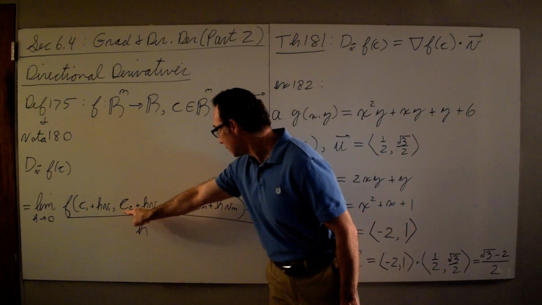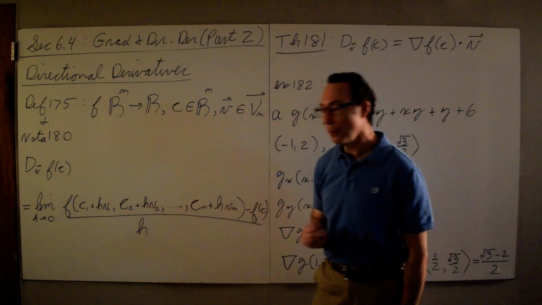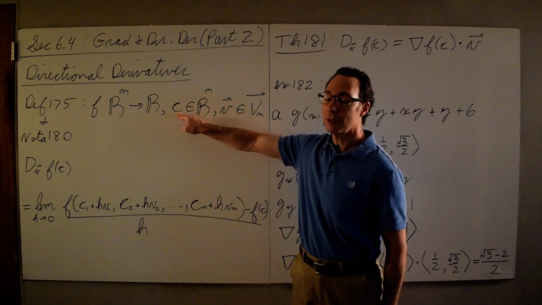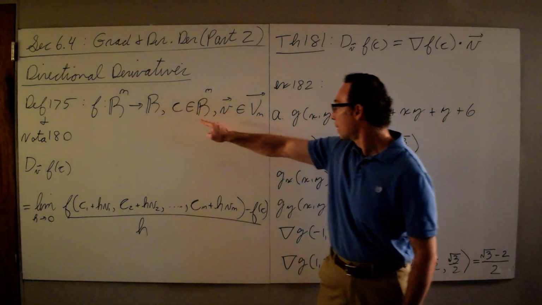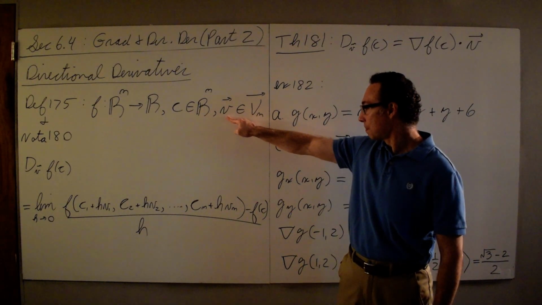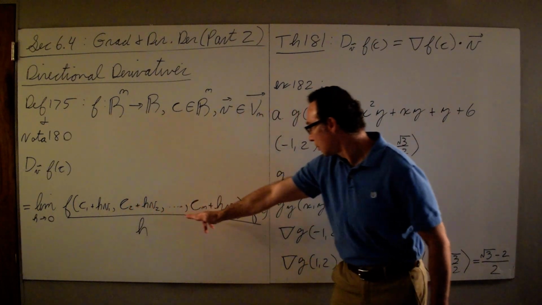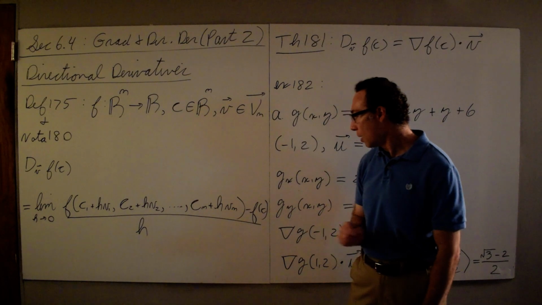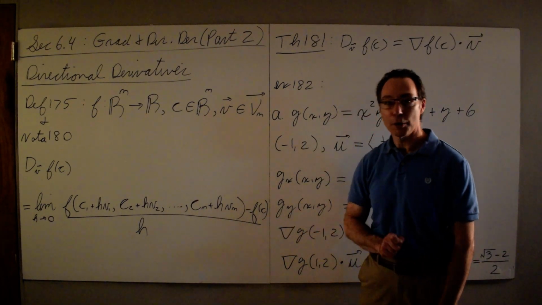Then we have c_2 plus h times v_2, where c_2 is the second coordinate of c and v_2 is the second component of v. We do this for all n, down to the nth one, then we subtract f of c.